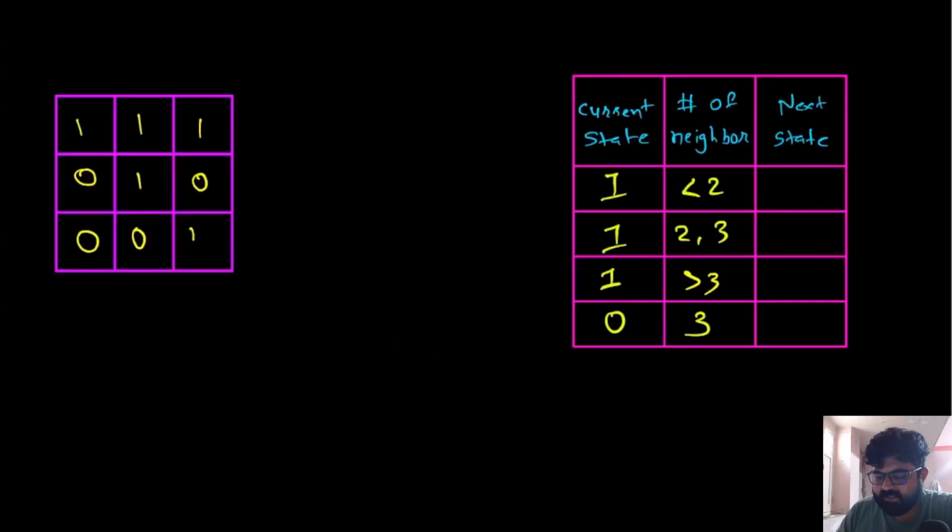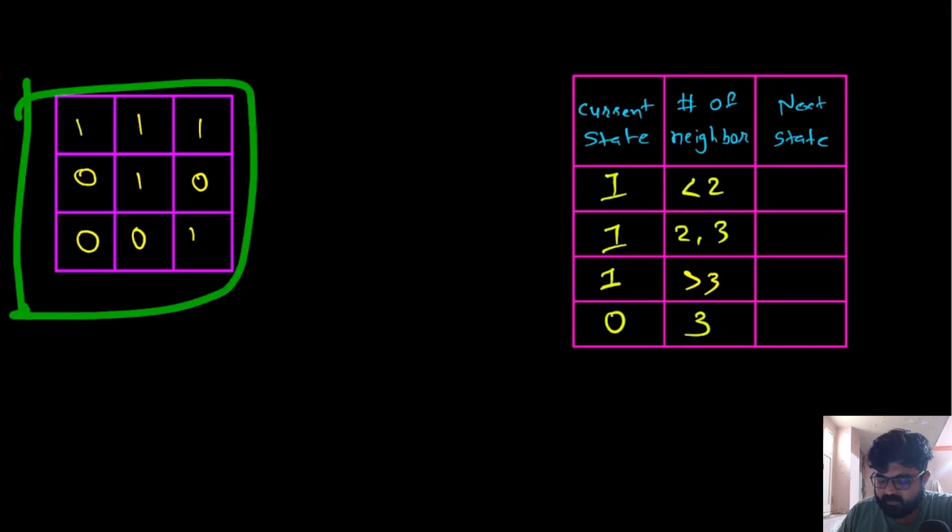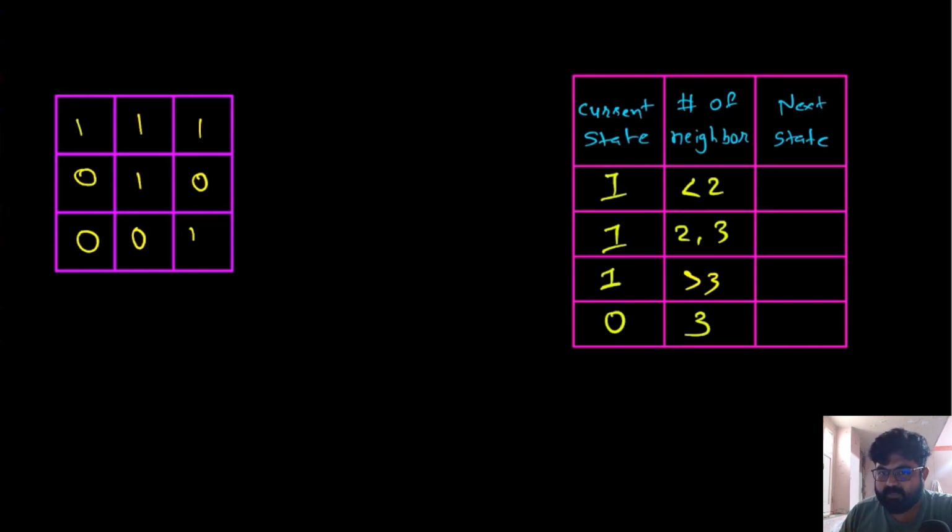Okay, now let's see how we can solve this problem using constant space. For that, we are going to make a few modifications. What are the modifications? First, we have to understand what items we need. For any particular cell, we need the information of the number of live neighbors it has, but in terms of the original state.